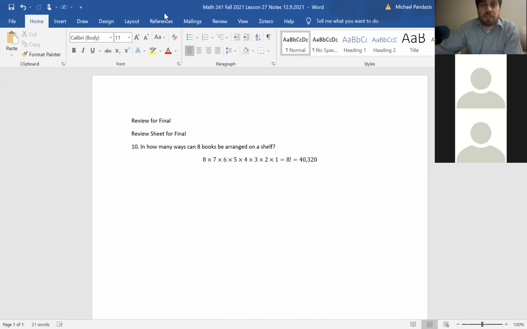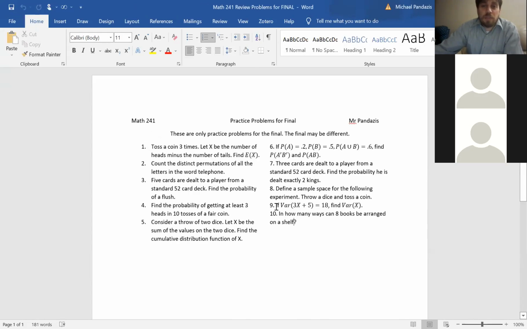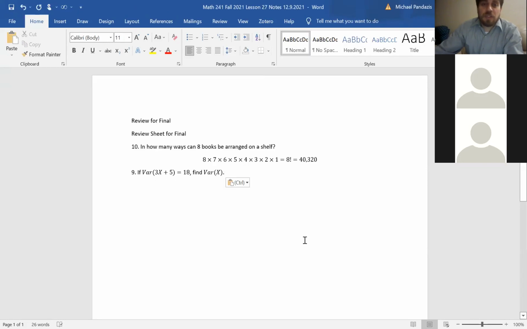Okay, great. So another problem is number 9. It says if the variance of 3x plus 5 is 18, find the variance of x. This is another quick problem. So I'll put this on the whiteboard on Word.